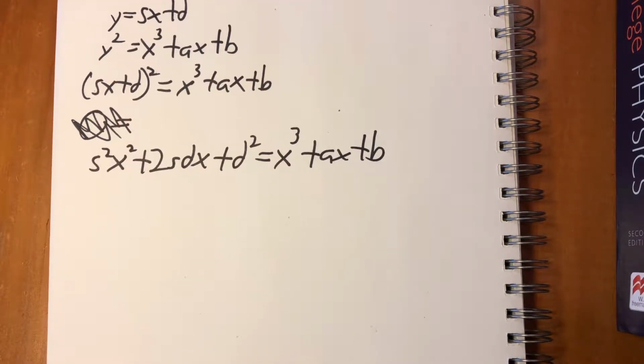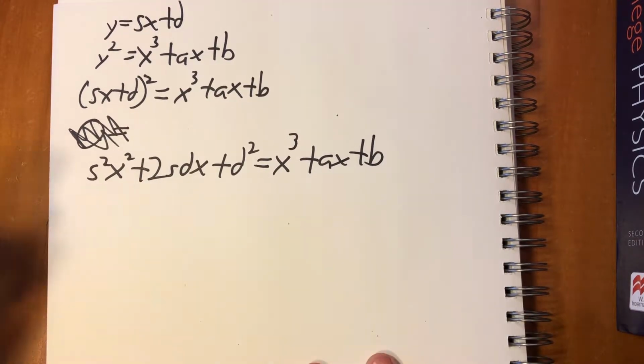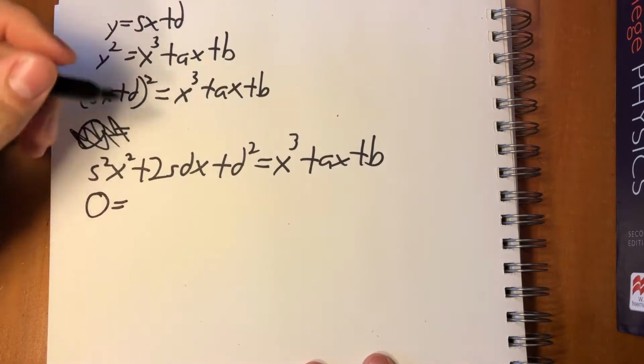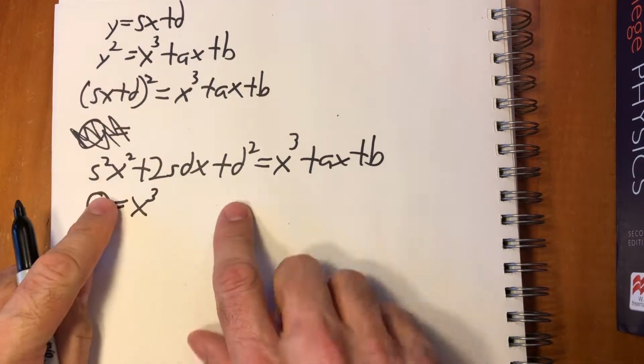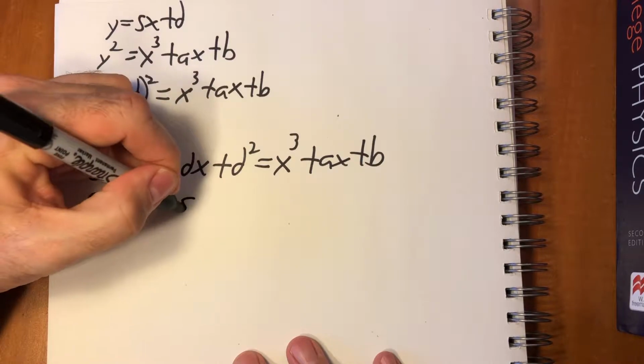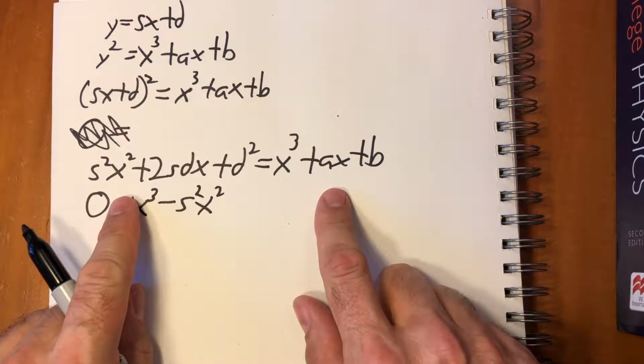Now we'll move everything over to the other side. So 0 equals x cubed, and then minus s squared x squared. Are there any other? Nope.